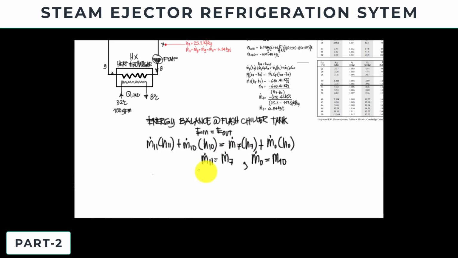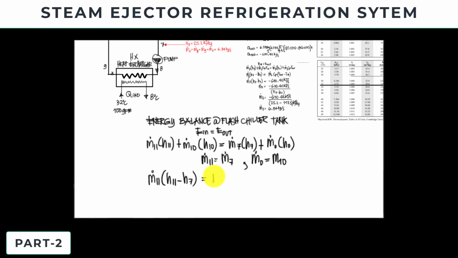Now, we can write or combine the equations here that are common. So the 11 and 7 are equal, are common, so we can combine that one. We have the mass flow rate 11 times enthalpy 11 minus my enthalpy 7.